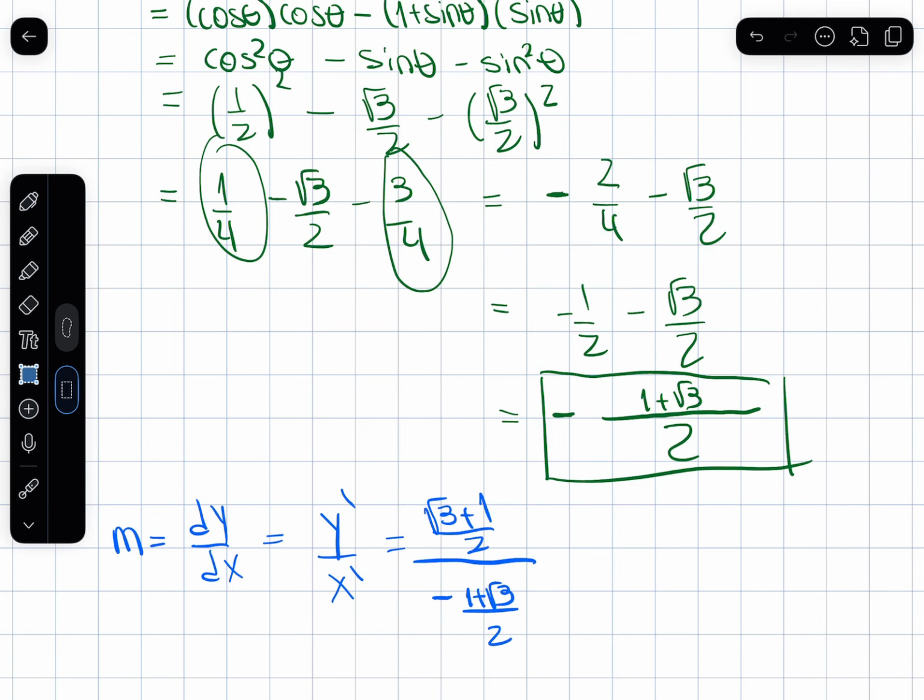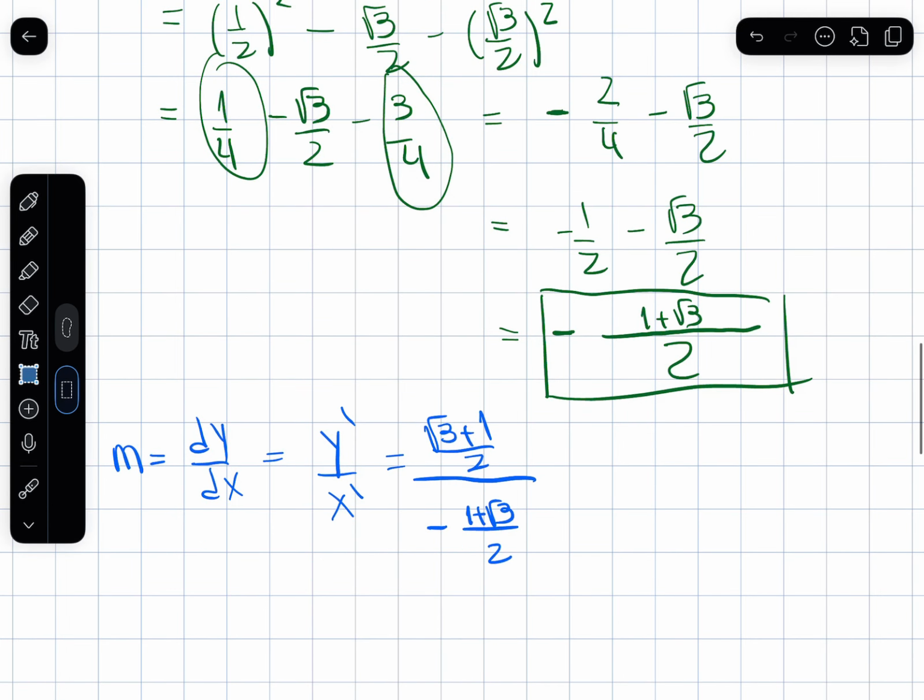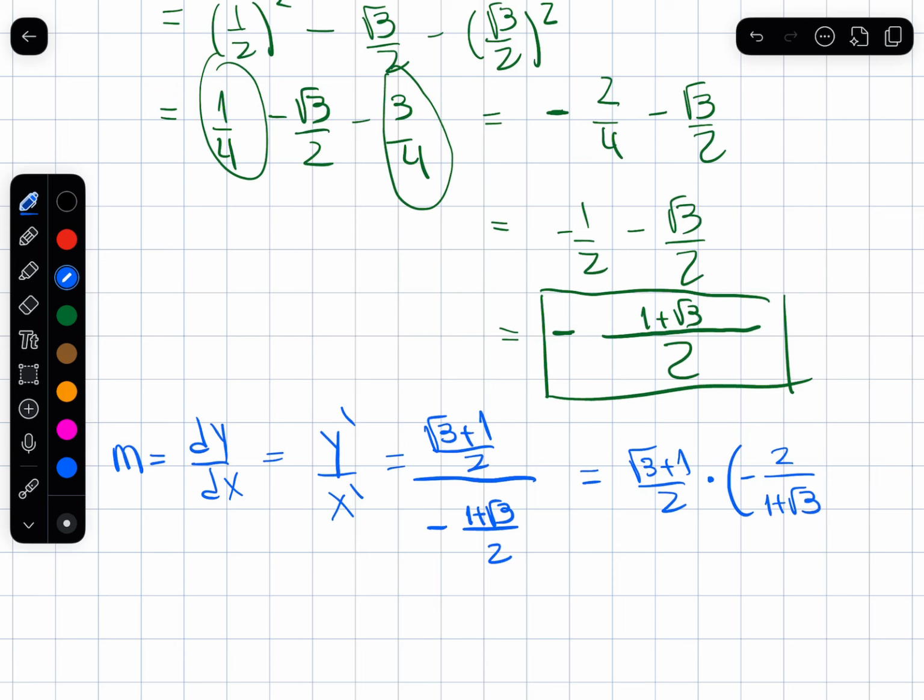Again, the negative applies to the whole fraction, so I'm going to put it right here. And dividing two fractions, repeat the first multiplied by the reciprocal of the other. And you get to cancel these to just get a negative 1.